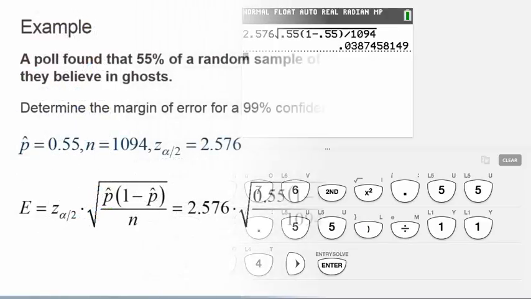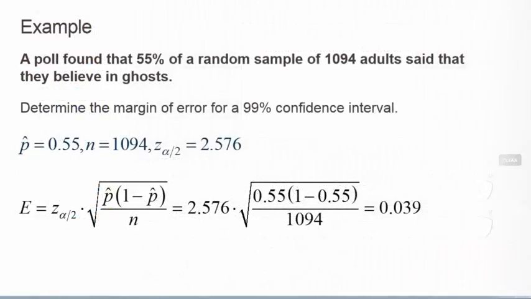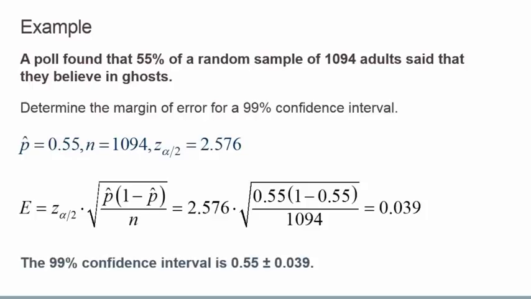Rounding to 3 decimal places, 0.039. To find the confidence interval, it's p hat plus or minus the margin of error, E. The 99% confidence interval is 0.55 plus or minus 0.039.